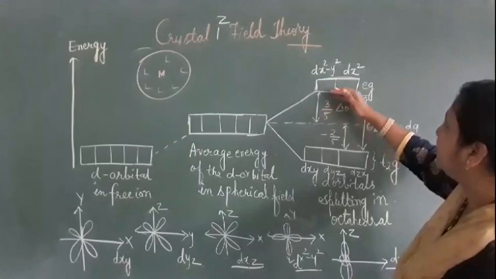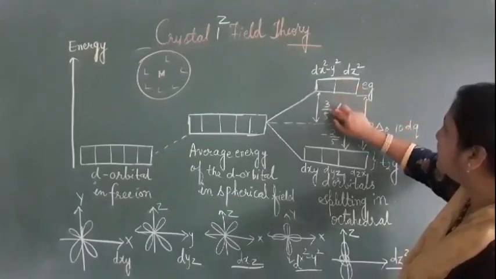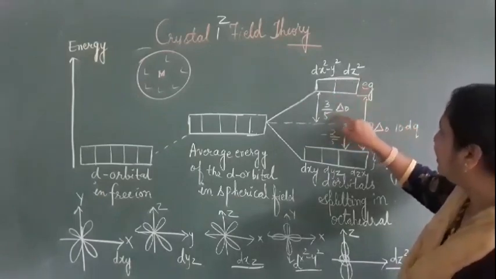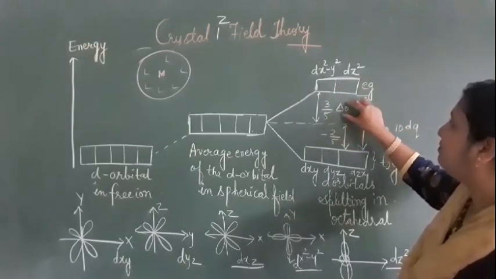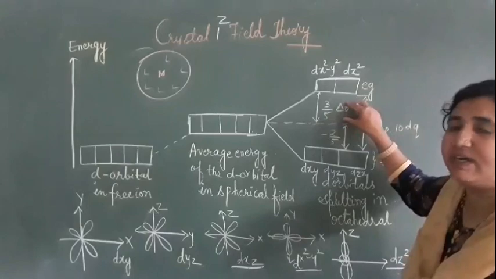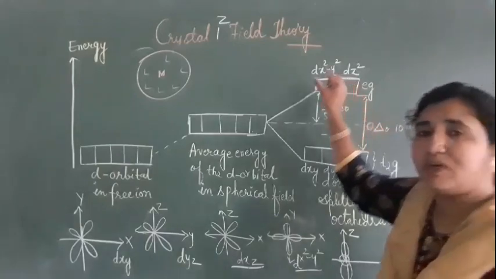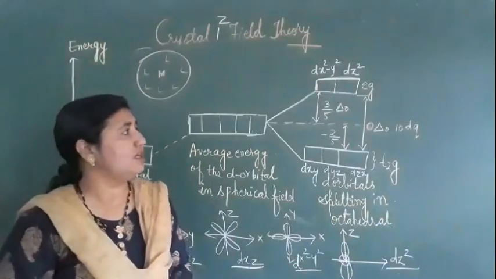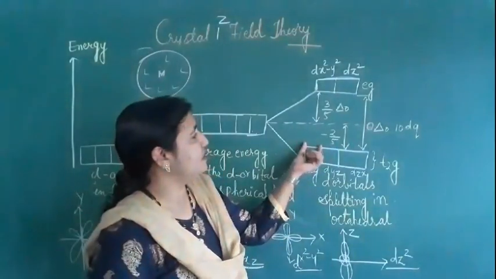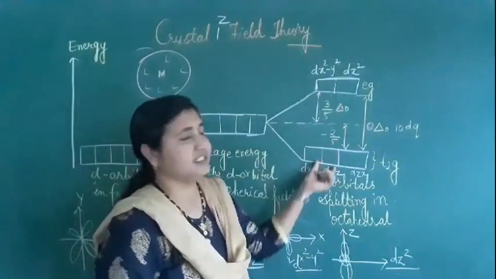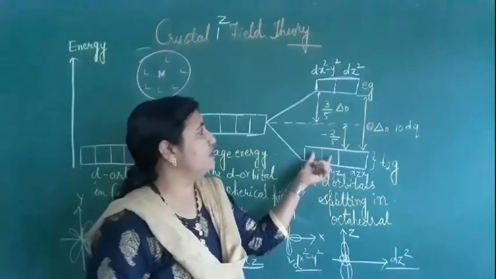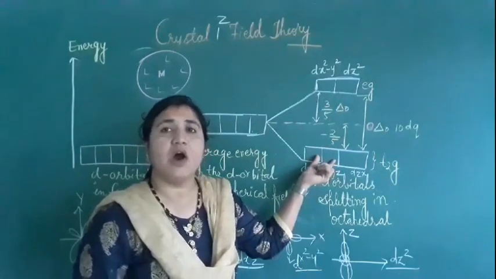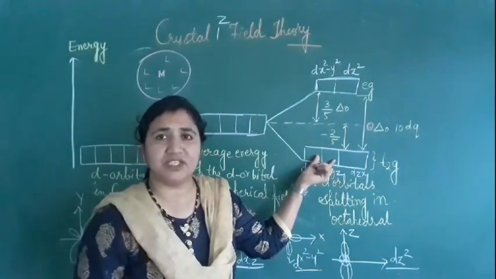The energy increase for each orbital is 3 by 5 delta O. Delta is the crystal field splitting. Crystal field splitting energy means the energy difference between the two sets.